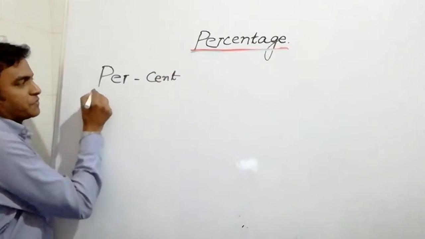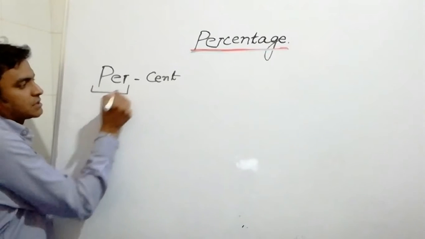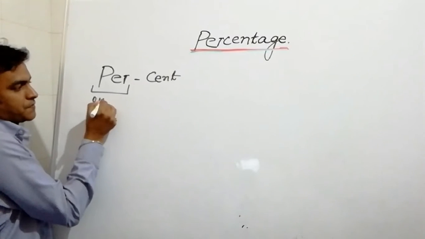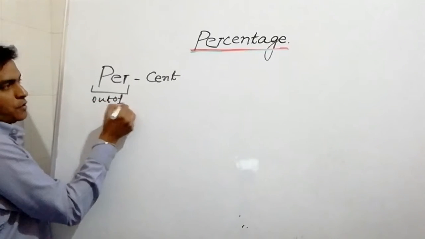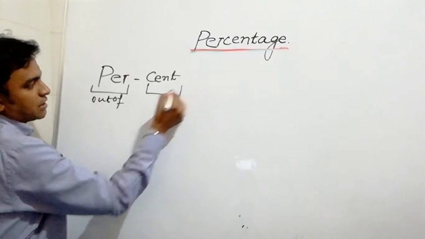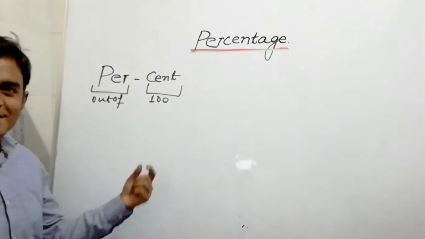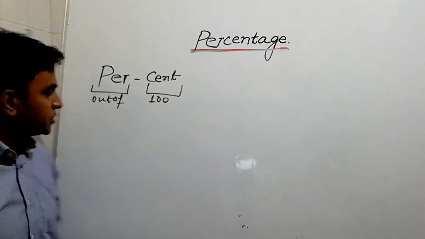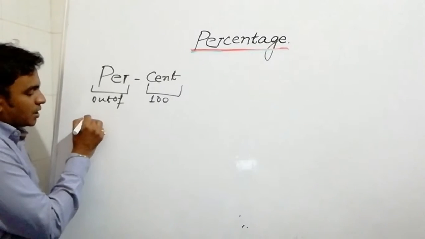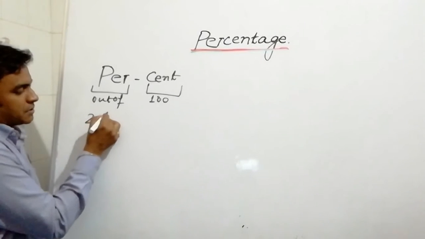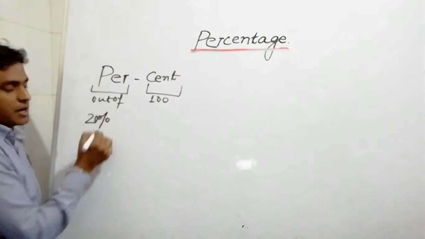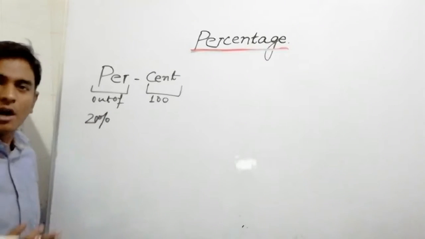The first part, per, means out of, and cent means 100. So percent basically means out of 100. When you say 20%, it basically means 20 out of 100.